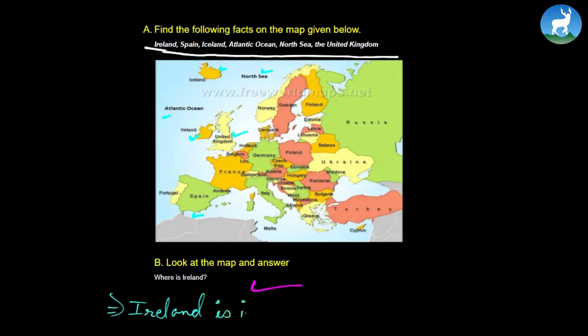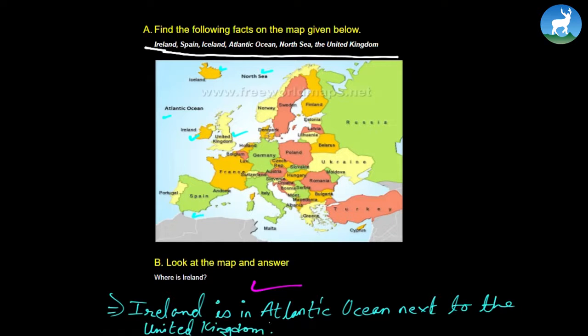Ireland is in the Atlantic Ocean next to the United Kingdom. This is the answer after we observed this particular map. But now let's read a passage that's given here in the book, and then we'll again answer this question, where is Ireland? Alright, so let's move forward.